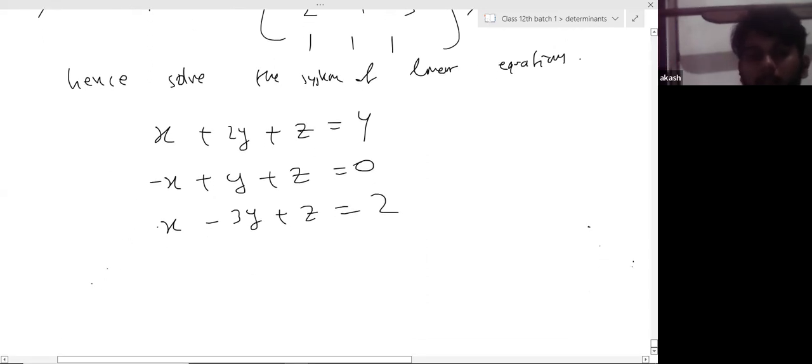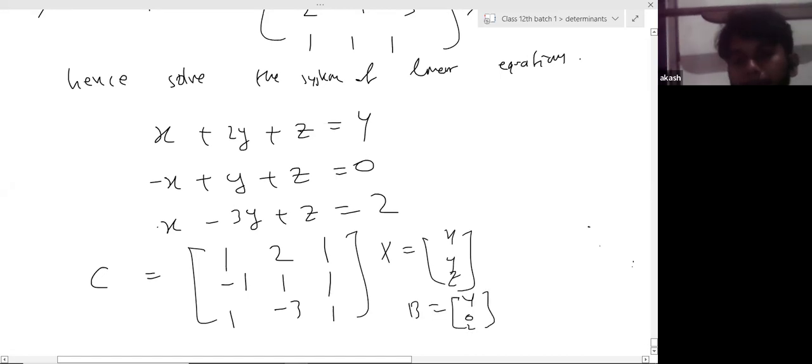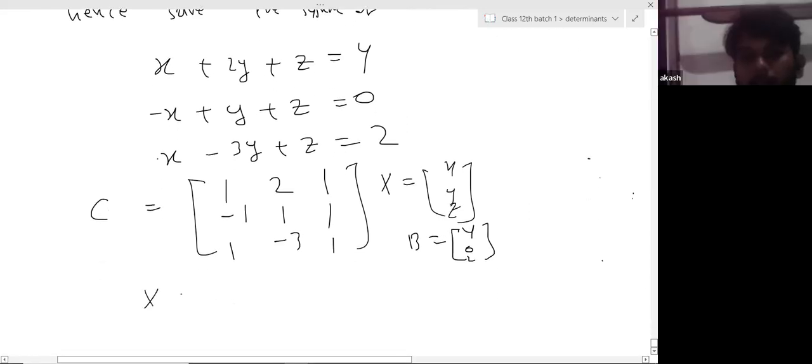Suppose I'm calling this matrix C. This is 1, 2, 1, all the coefficients, minus 1, 1, 1, 1, minus 3, 1. And X is x, y, z, and B is 4, 0, 4. This is clear. So we know to solve this one, we have to write X equals C inverse B.